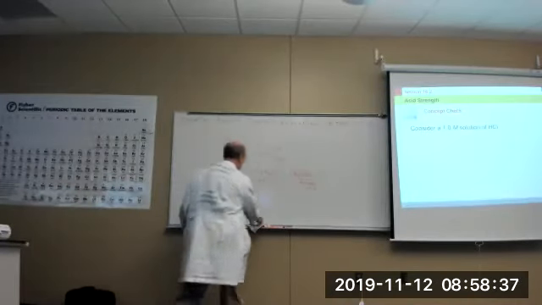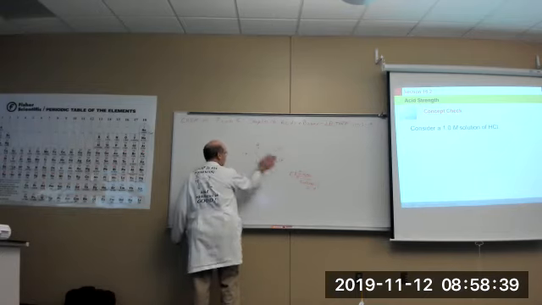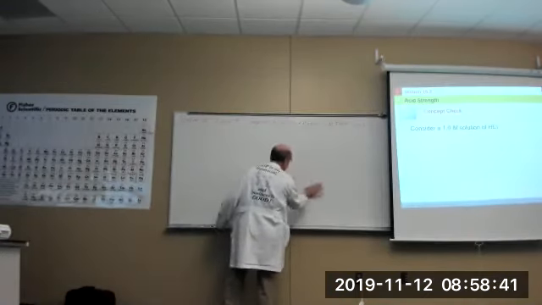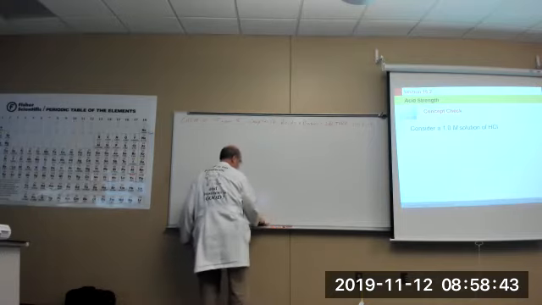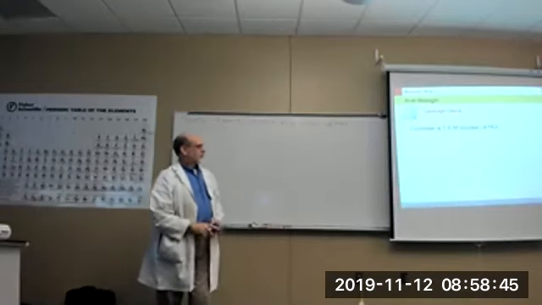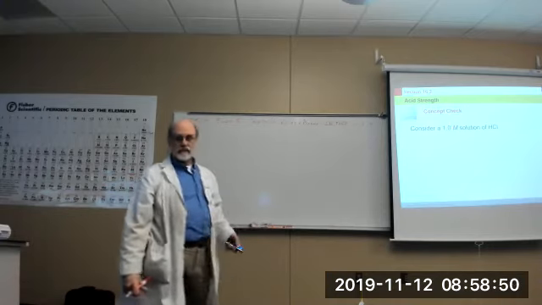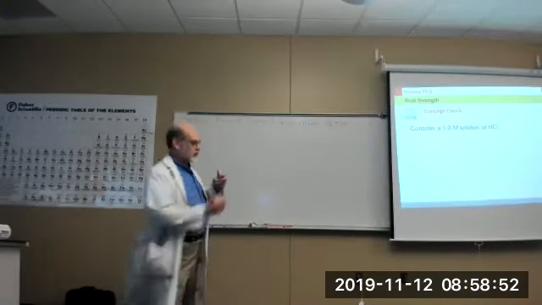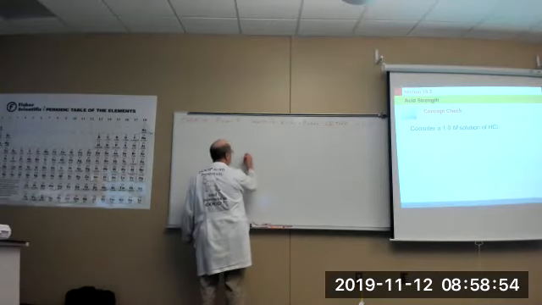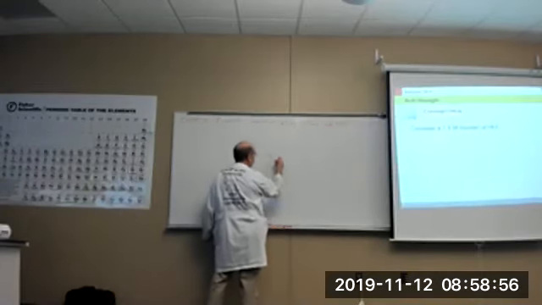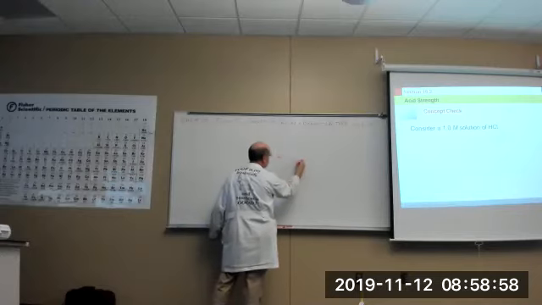Okay, so now how do we express acid strength? Well, usually in molarity. So if you have a strong acid and you're told that the acid is 1 molar in concentration, then you know that it's going to completely dissociate here.